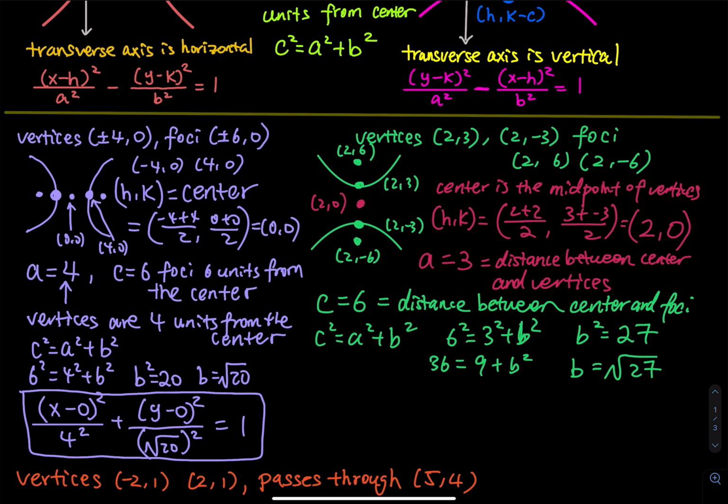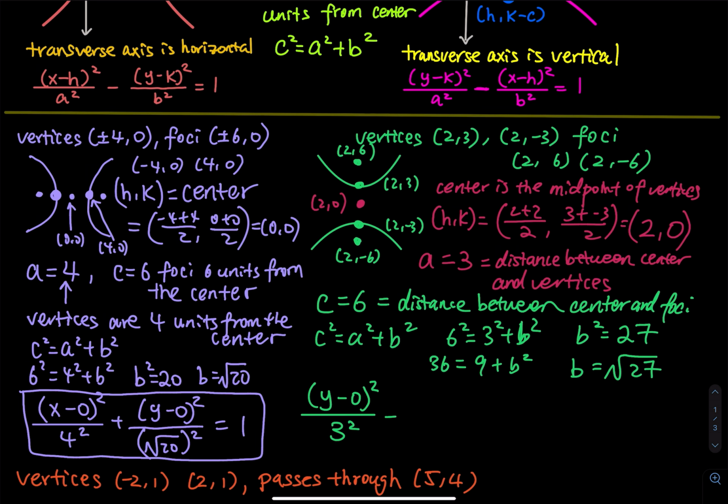So now we have a, b, h, and k. This is a vertical hyperbola. Then we follow this formula, the one that I just circled. All right, then you have y minus k. What is k? k is 0, and then square, divided by a square. a square is equal to 3 square, and then minus x minus h.